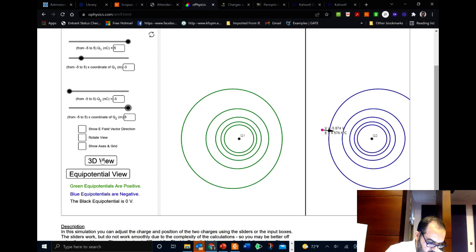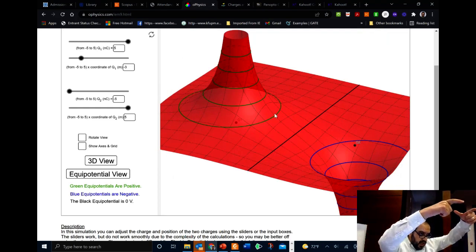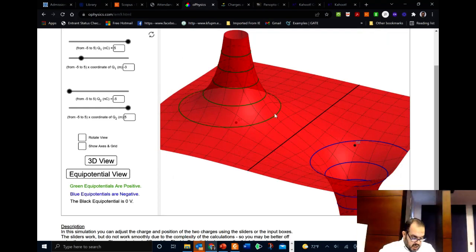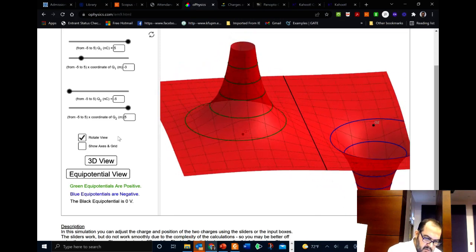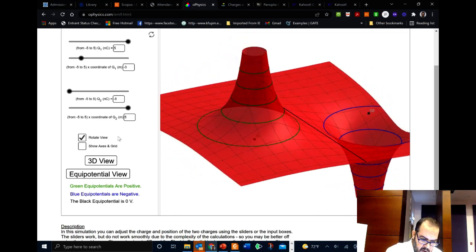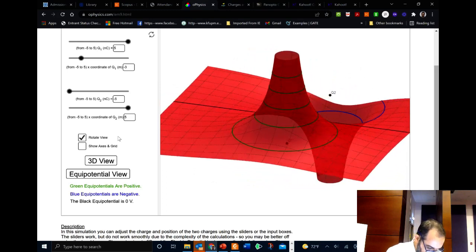In the 3D view, you can see the positive charge has a mountain. That's the potential there. The negative charge has a well. The potential is negative, and you can see it when I rotate the view. A very nice illustration of the potential due to a positive charge and the potential due to a negative charge.